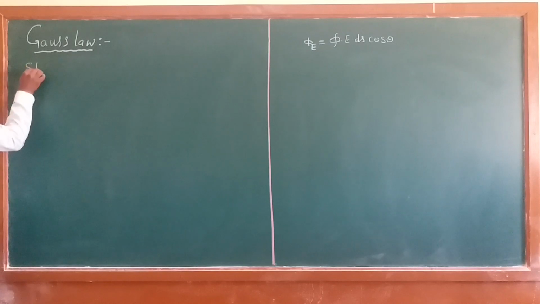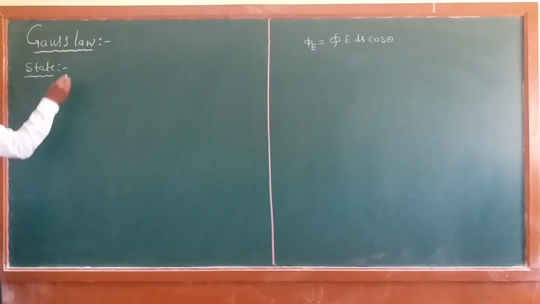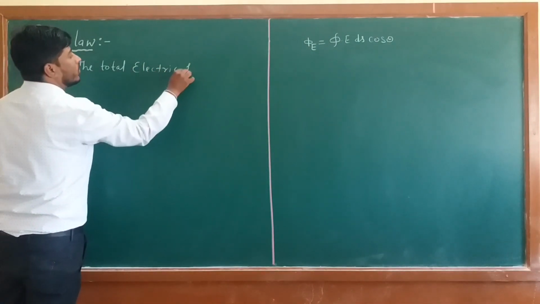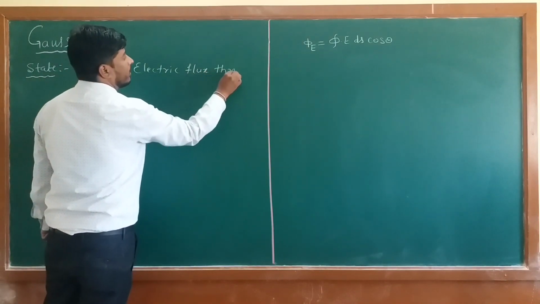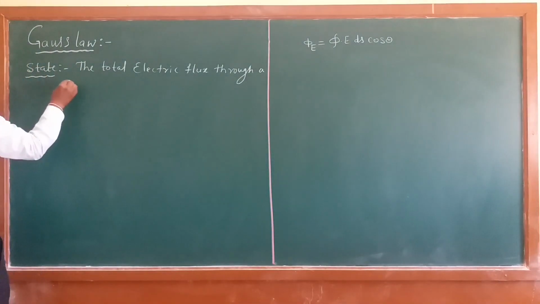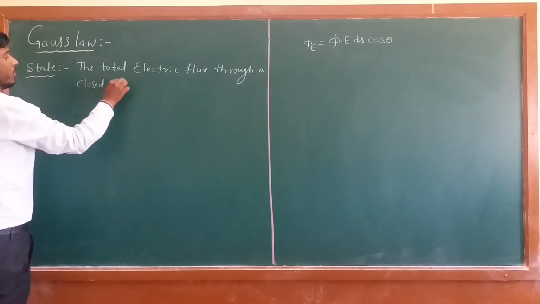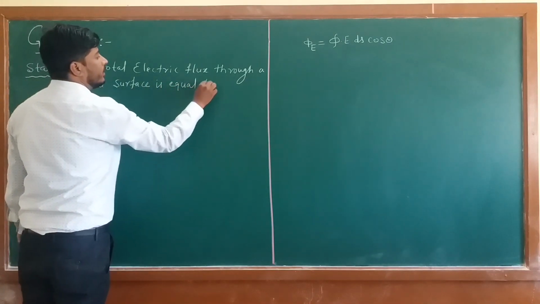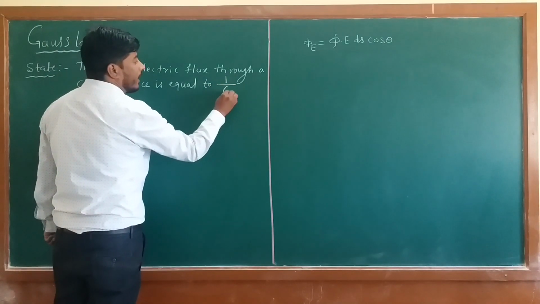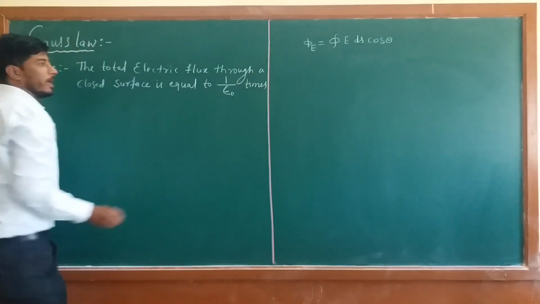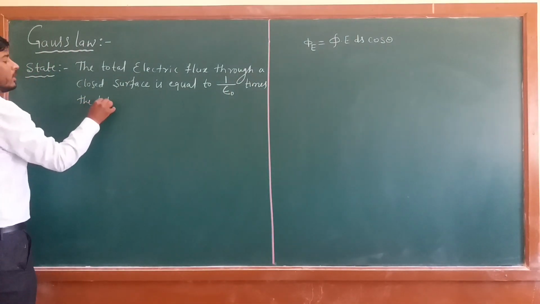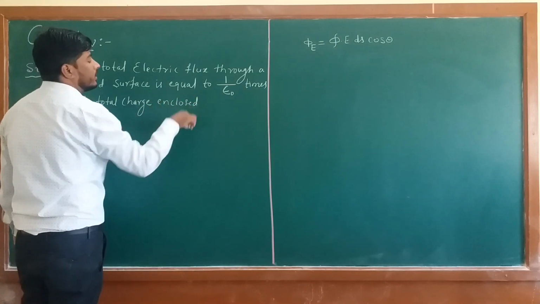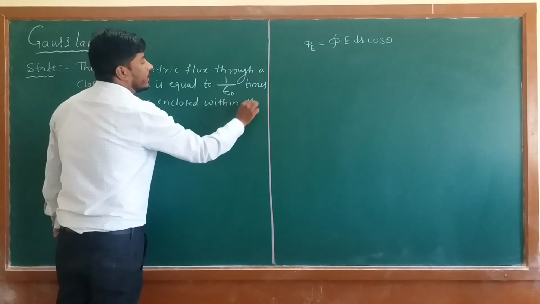The statement of this Gauss law is: the total electric flux through a closed surface is equal to 1 by epsilon naught times the total charge enclosed within the surface.